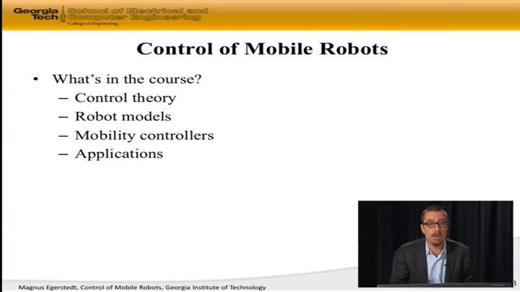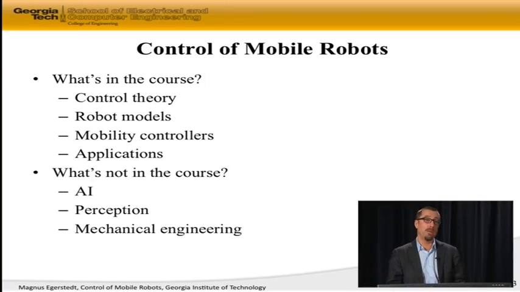We're going to look in general at mobility, meaning how do you make the robots move? That's the main question we're interested in this course. And then we'll end with applications. So what can you actually use these robots for, and where do we need the kinds of solutions that we'll be going through in the course?